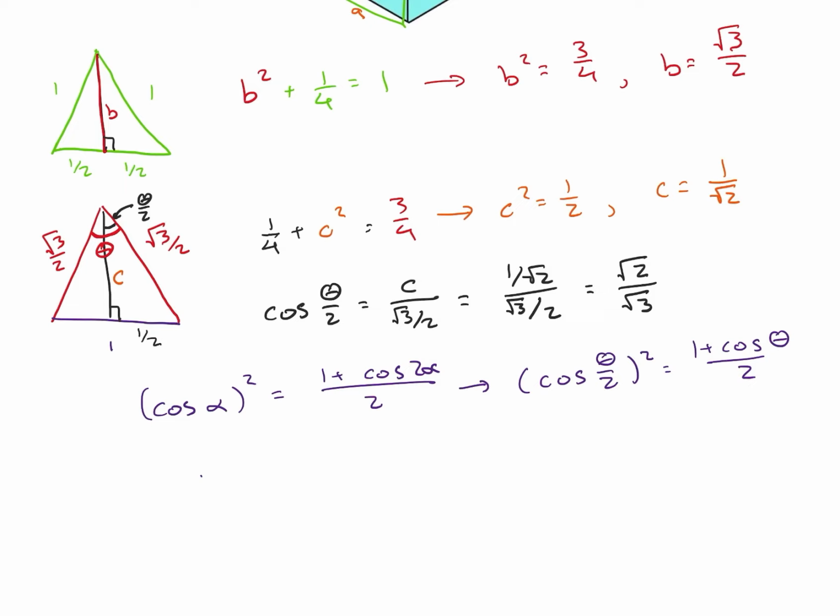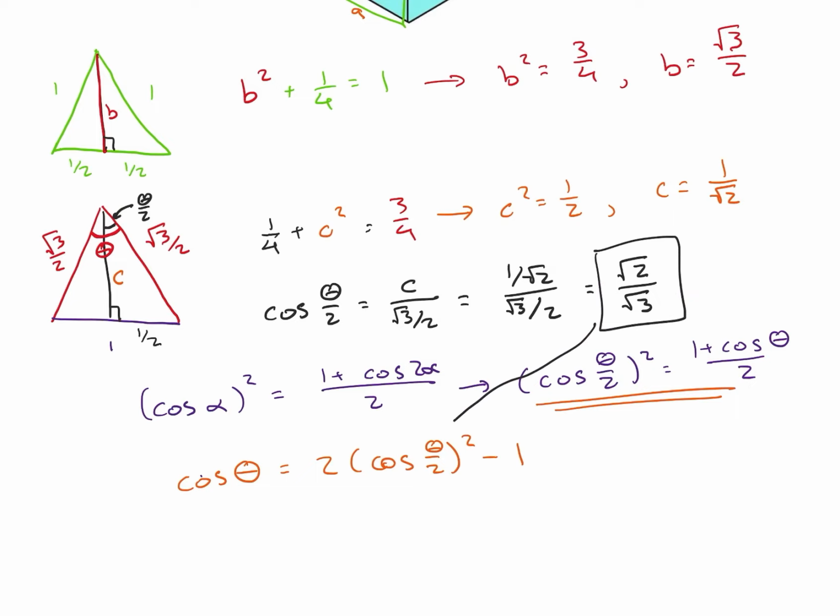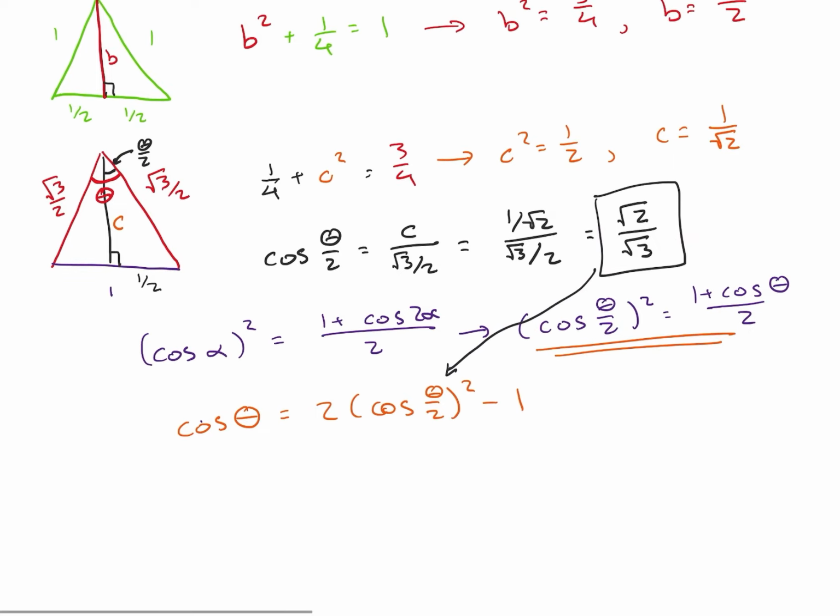Let's go ahead and use this equation over here and solve for theta. We're going to get cosine of theta is equal to 2 times cosine of theta over 2 squared minus 1. And now I have all the pieces I need. Let's plug this into our equation.